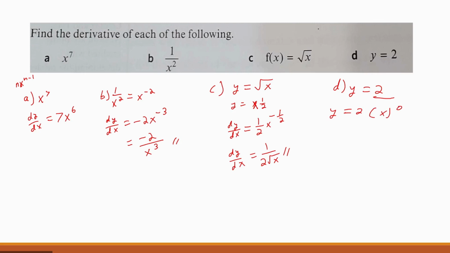Now you can apply the rule over here. 0 multiplied by 2 is 0 into x raised to the power of 0 minus 1, so this will give you 0. As you can see, the differentiation of any constant which doesn't have x will always give you 0. Alright, so now let's move on.